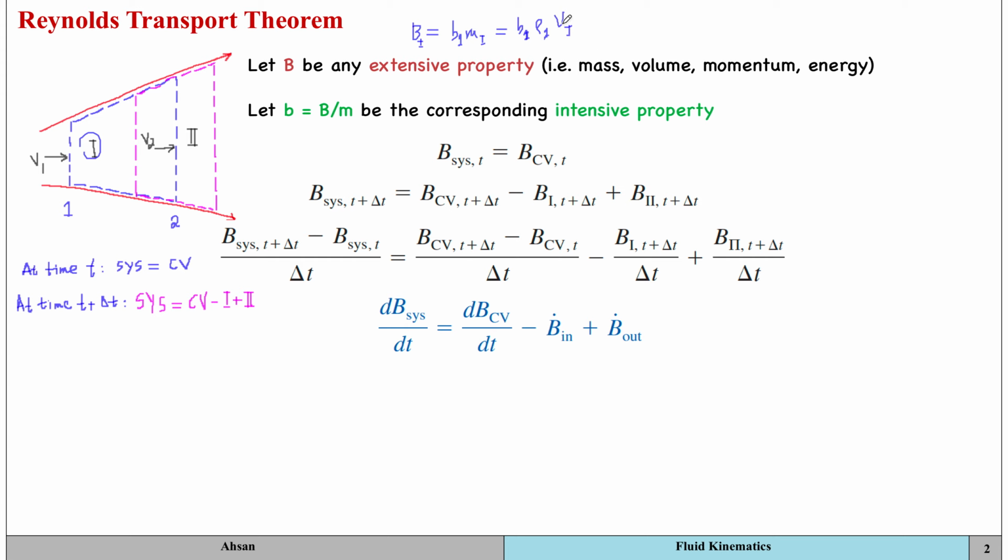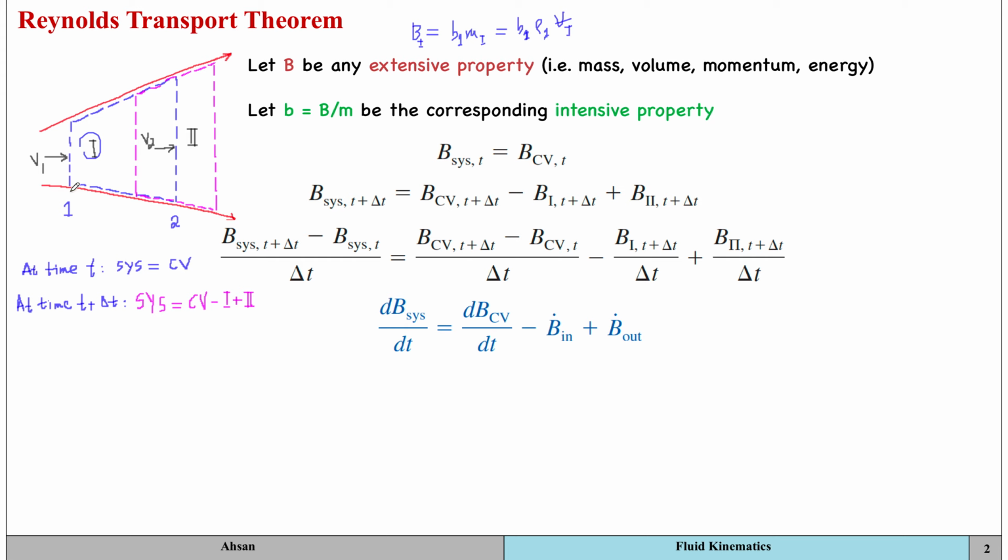Or I could simplify this volume even further, because if I look at this geometry here, this is actually a cylinder if we look at it in 3D. So we've got a cylinder, and obviously then it changes as it moves along to section 2.